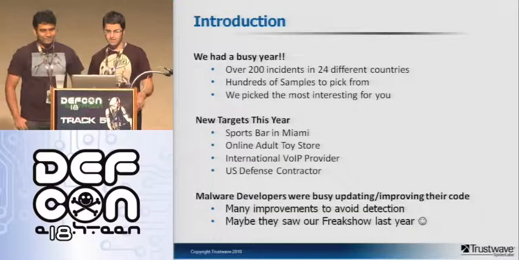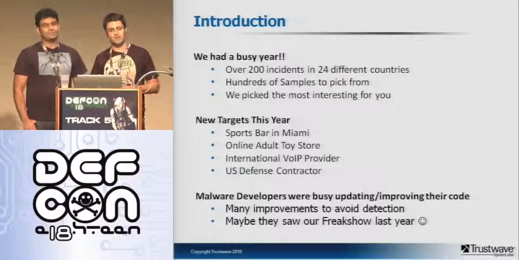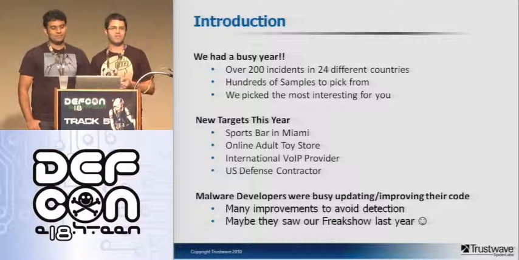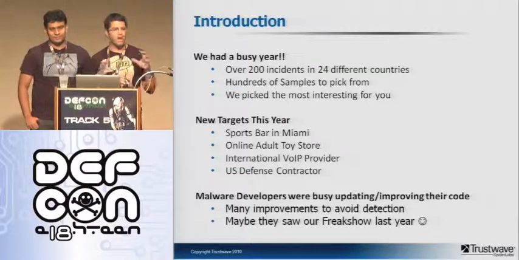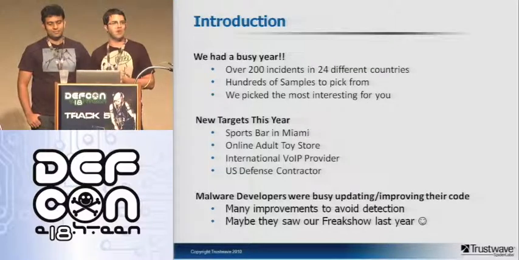Sure. So, to go over the introduction here, we had a very busy year. As a team, we visited over 200 environments, 200 incidents, and that spanned about 24 different countries. So we had hundreds of samples to pick from, and we worked together to pick what we thought were the most interesting pieces of malware that we solved in the last 12 months, and present those to you here today.